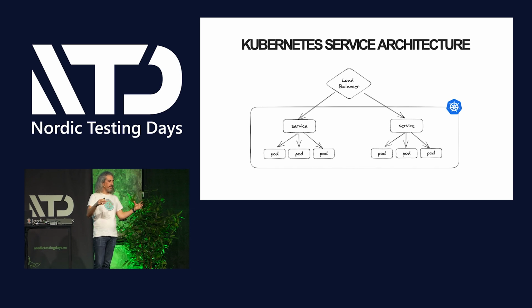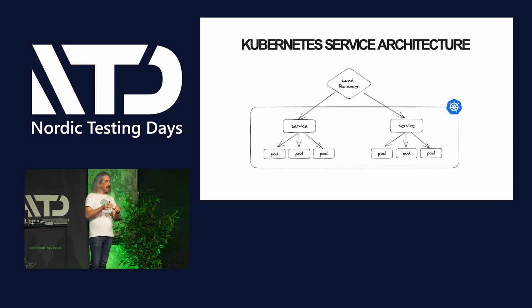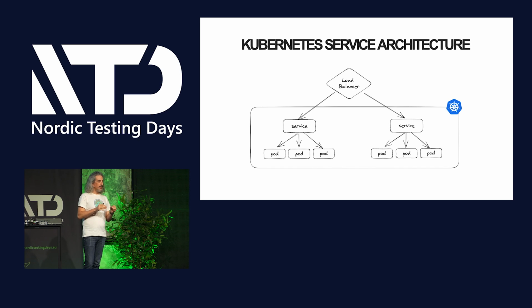Pods are sets of containers. So you have your service running on these containers, which are grouped in pods. Then a service is also like a software load balancer. And then you have the incoming traffic through the external load balancer, then it goes into the service, and then into the pod container. So that was the typical use case.